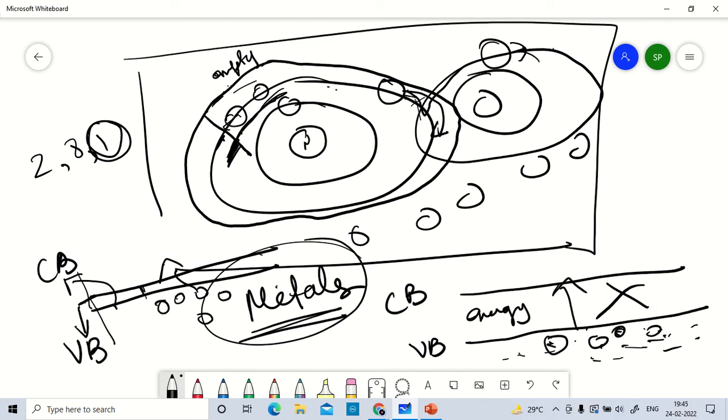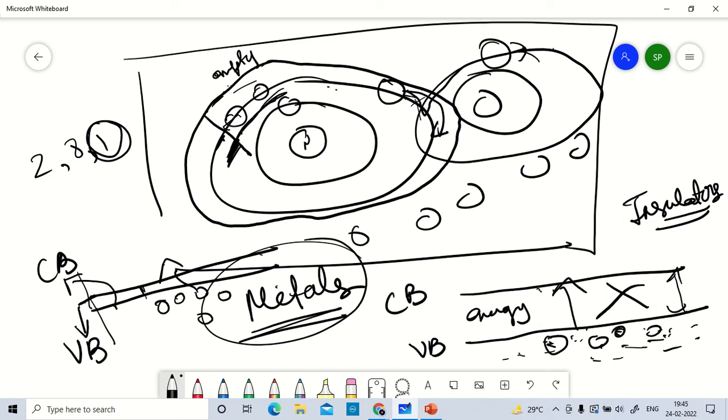But if there is a very significant amount of energy gap between the valence band and the conduction band, then no electron can move from the valence band to the conduction band, therefore we call them insulators. Even if external energy is supplied, the distance between the bands is so big that the electrons cannot move to the conduction band, then it is definitely an insulator.